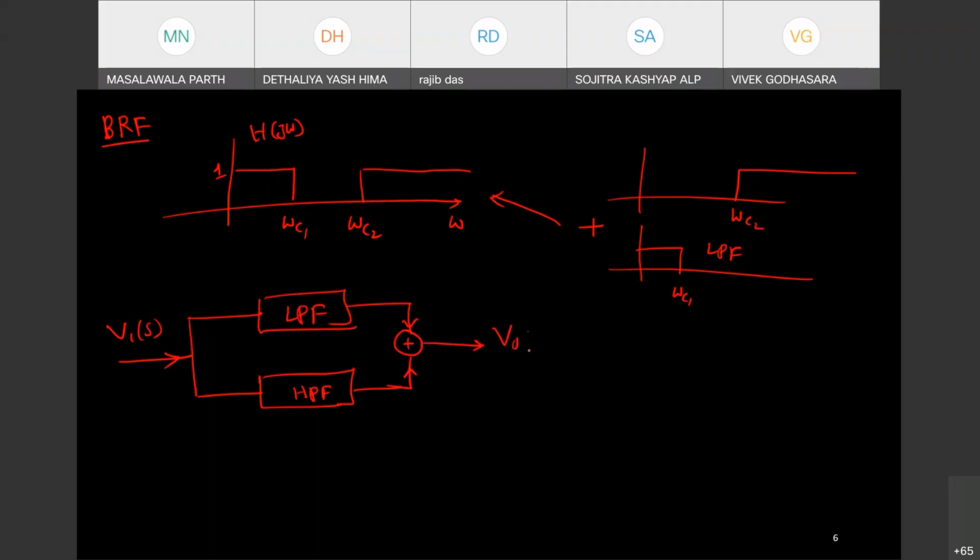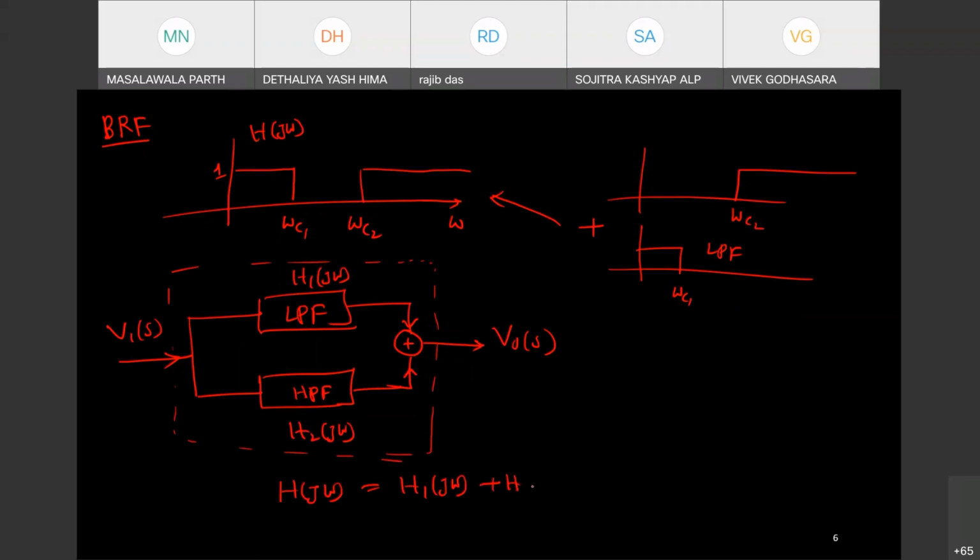I'll get V naught of s. If this is your H1 of j omega and this is your H2 of j omega, then for the total system, H of j omega would be simply the addition of these two, H1 of j omega plus H2 of j omega. The low pass filter has cutoff frequency omega C1, the high pass has cutoff frequency omega C2, and we have to consider omega C1 should be less than omega C2.